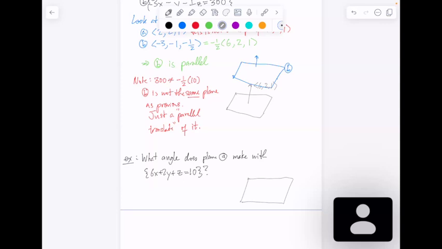You can make some heuristic argument that the sum of the dimensions is 4, but that's not correct. But it helps in thinking that way, because you realize that if you're trapped in 3 ambient dimensions, and you have these two 2-dimensional objects, if they're not parallel, then they have to intersect somewhere. And so it makes sense to ask for the angle of intersection.